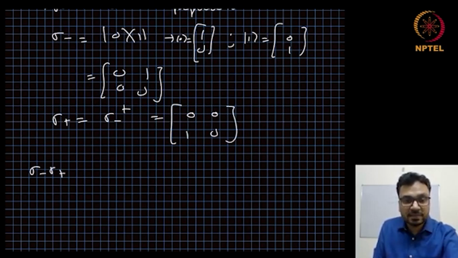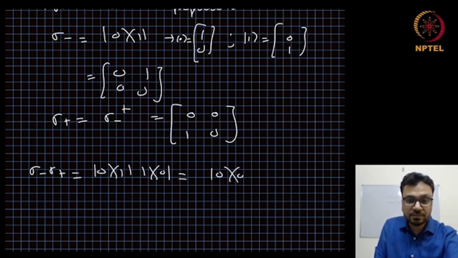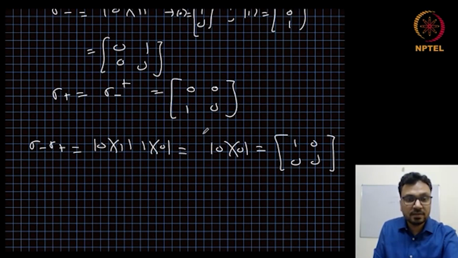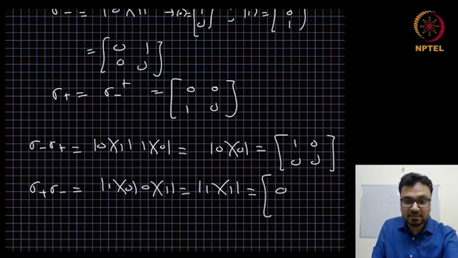Sigma minus sigma plus will be [[1, 0],[0, 0]]. And sigma plus sigma minus will be [[0, 0],[0, 1]].